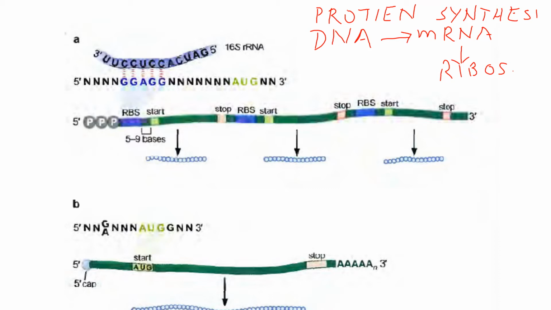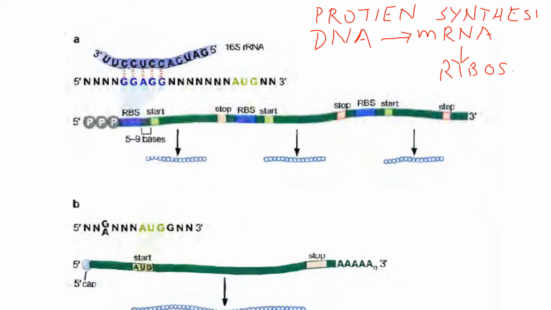Now it takes the message and delivers, which actually means that this messenger RNA which we are talking about is a complementary copy of DNA. Got it? That is what a messenger RNA is. It is a complementary copy of the DNA, right?